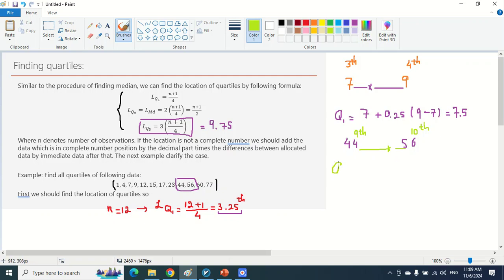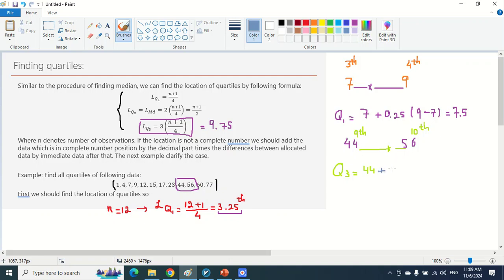So to calculate Q3, I should start with 44 again, the 9th location. Then the place, as I said, is 0.75 over here, which means that this distance is bigger than the previous one.